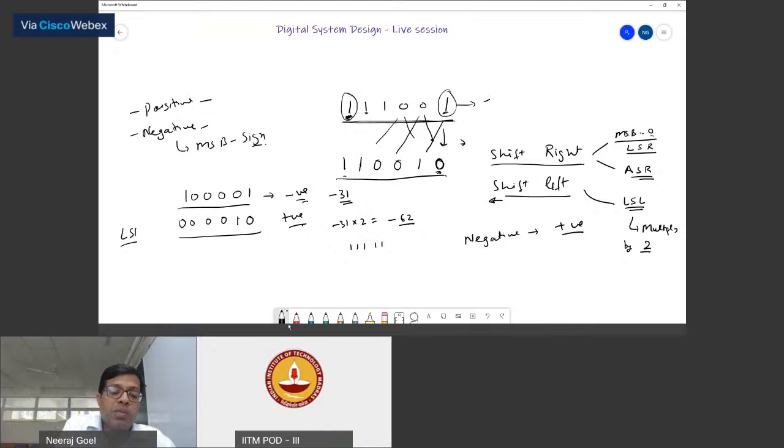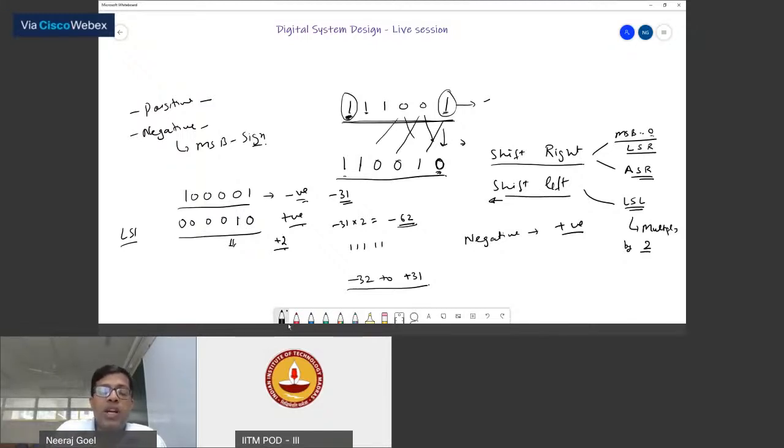However, this number is 2. Am I doing wrong by discarding this one? Probably no, because minus 62 is outside the range of my 6 bits. My 6 bits can represent only the numbers minus 32 to positive 31, so 62 can never be represented using this 6-bit range.